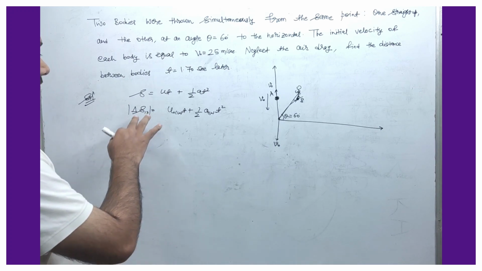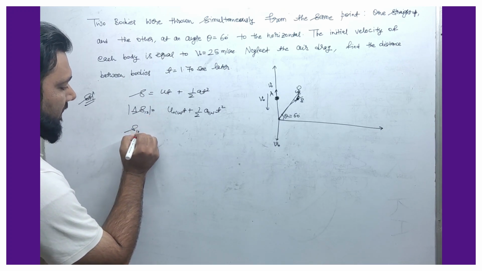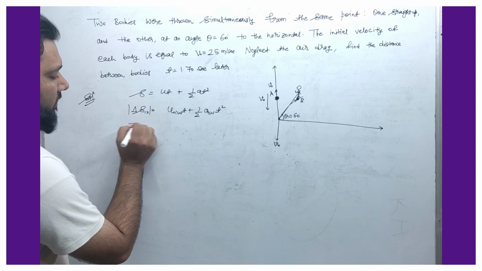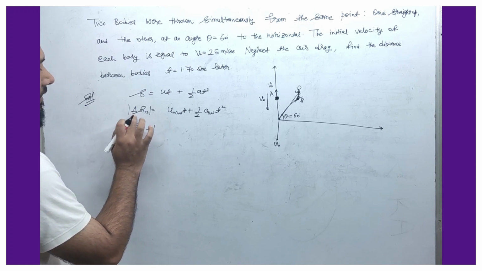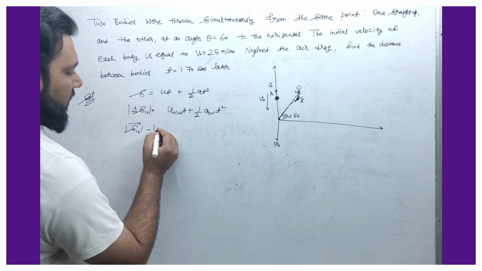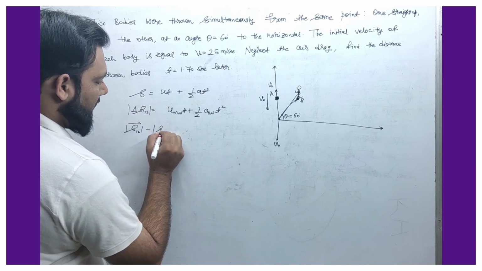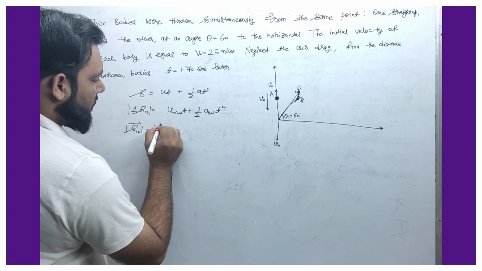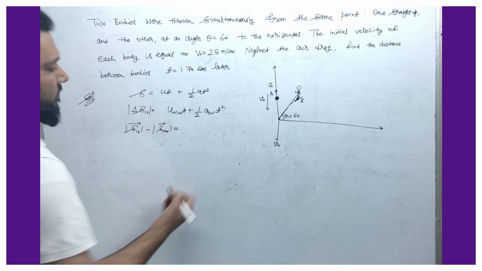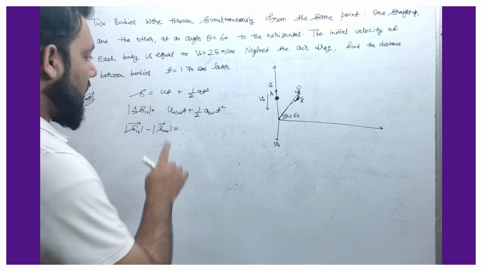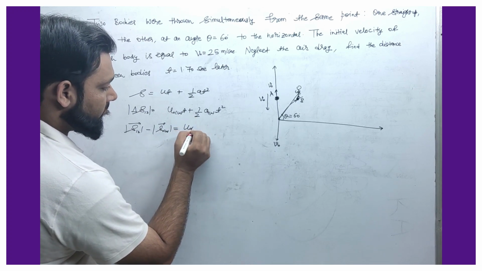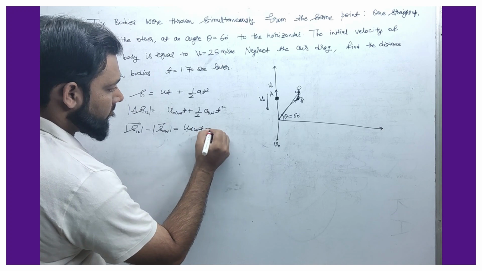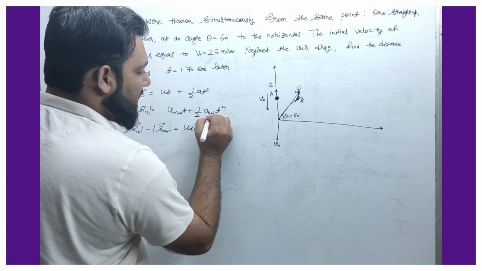Now look at this, I can write this as the relative displacement, which is final minus initial, where this is the initial point. Is it okay guys? Now what I am writing here is the relative acceleration.